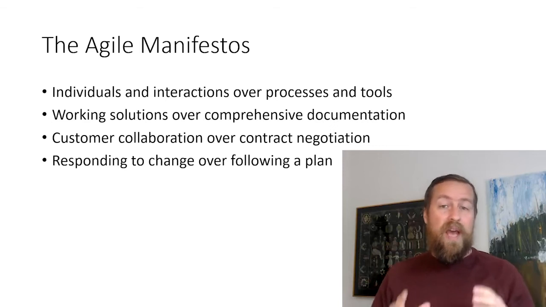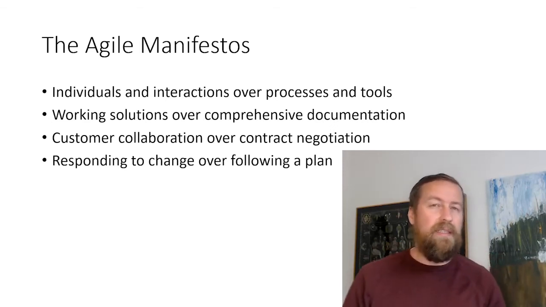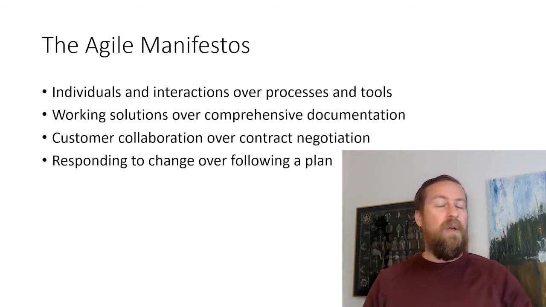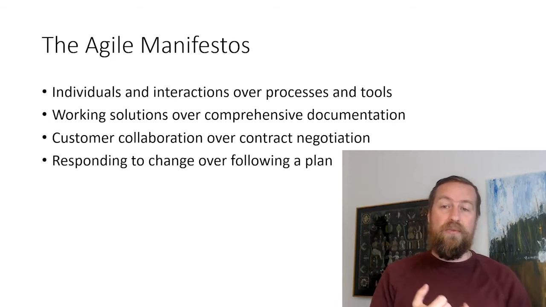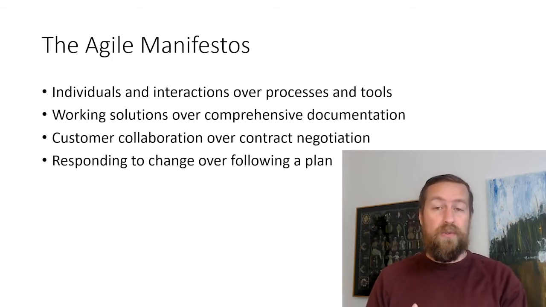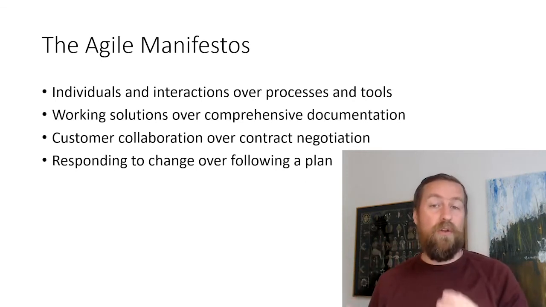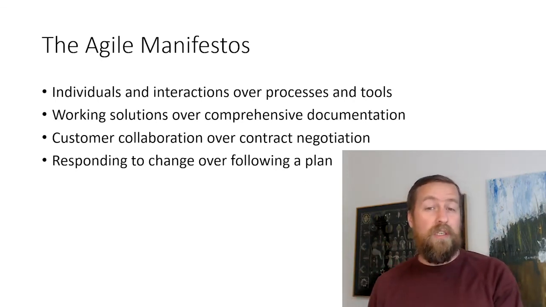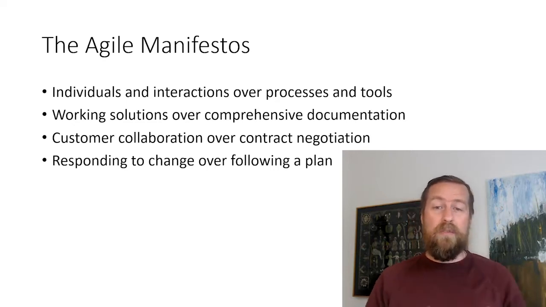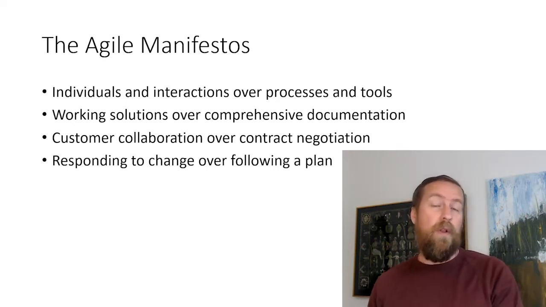There's also the Agile Manifesto, and it's something to think about and whether you buy into it or not. The Agile Manifesto says that it's individuals and interactions over processes and tools, working solution over comprehensive documentation, customer collaboration over contract negotiation, and responsive to change over following a plan.